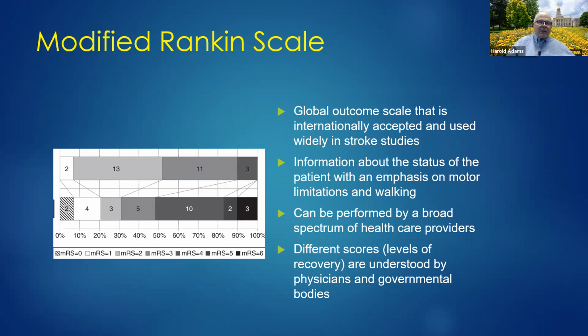The Rankin scale can be done by a wide variety of providers: investigators, physicians, nurse practitioners, etc. And patients, physicians, governmental bodies, etc., recognize what a modified Rankin score is. A Rankin score of 4, for example, tells you you have a patient that has not a very happy outcome. A score of 1 is what we all want, and which occasionally does happen.